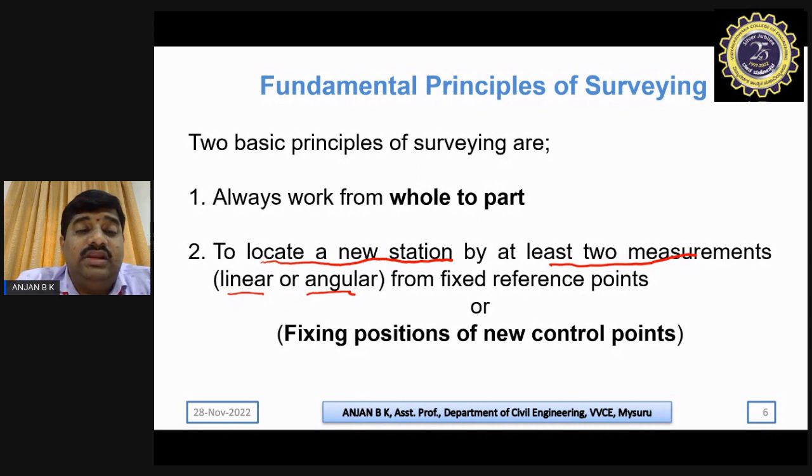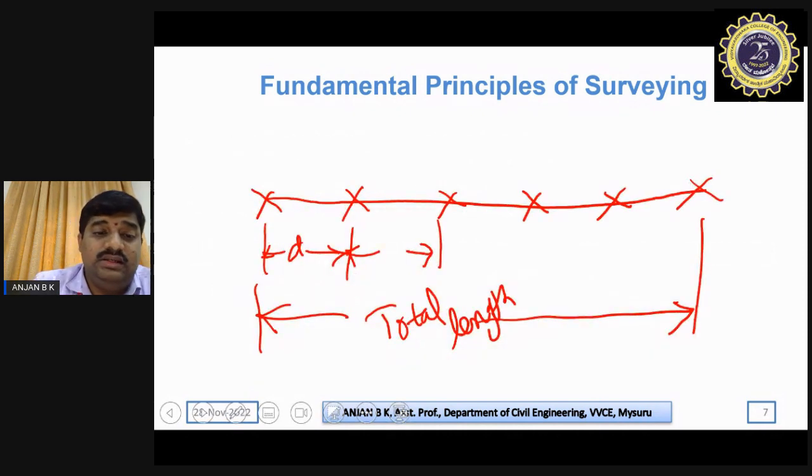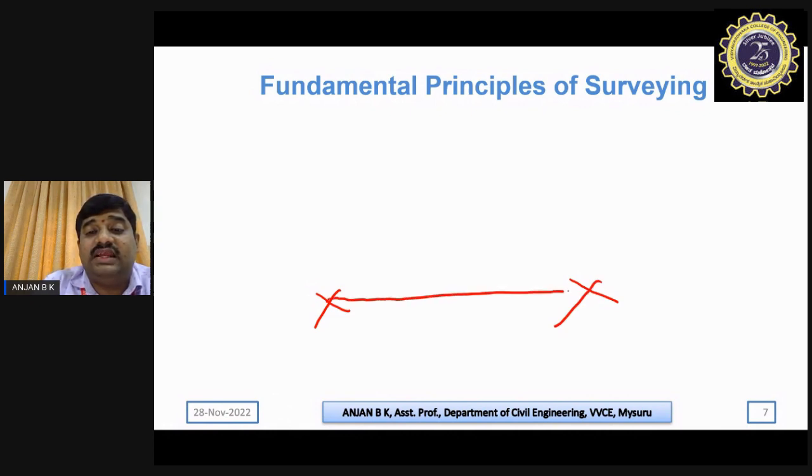That is, two linear measurements, or two angular measurements, or one of each. That means if you want to fix a new point, you should have a control point. What is the meaning of this? It means, for example, that to start a survey work, we should have two reference points, which means we should have a reference line.